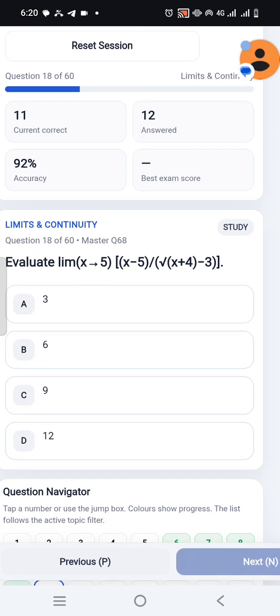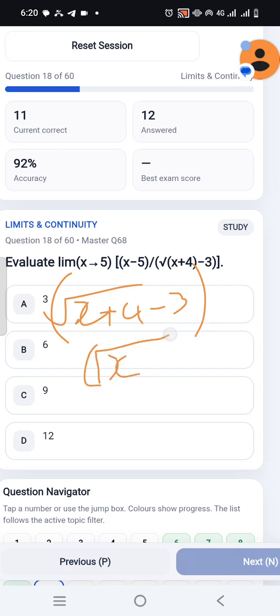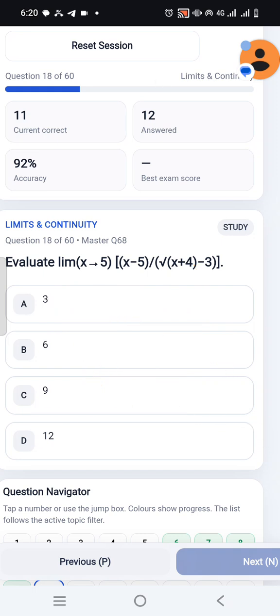Then the next one, let's rationalize as well. That will give me a faster routine. That will be square root of x plus 4 minus 3, then into brackets square root of x plus 4 plus 3 all over... oh sorry, it's the numerator that is x minus 5. So x minus 5, we are rationalizing as well.